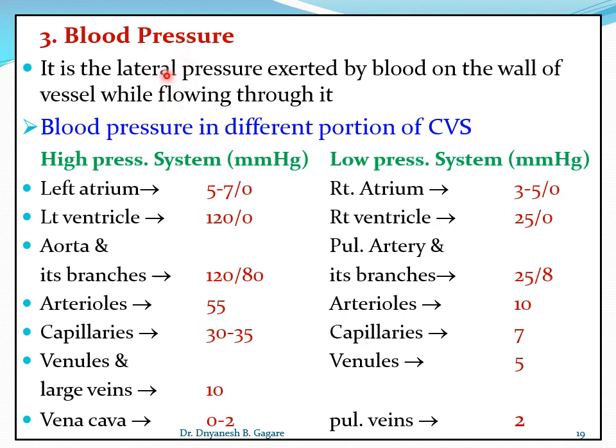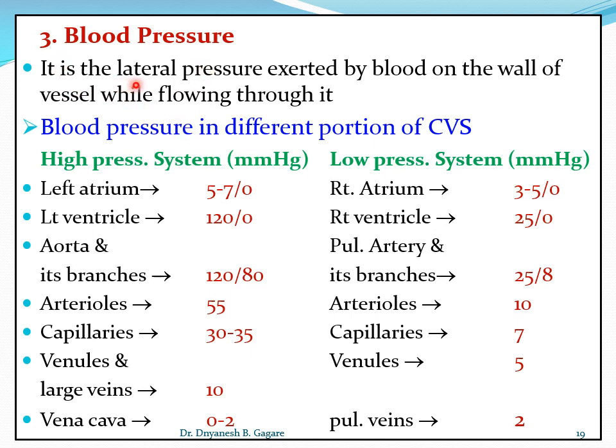Then coming to the third point, blood pressure. We are not going into detail for blood pressure, because we have separate lectures on it. Here we just have to see what blood pressure is, how much it is in the different segments of the body, and what its relation is with blood flow and resistance.